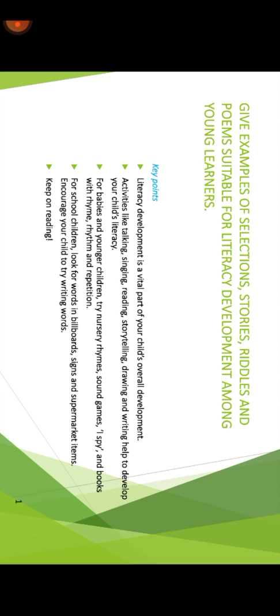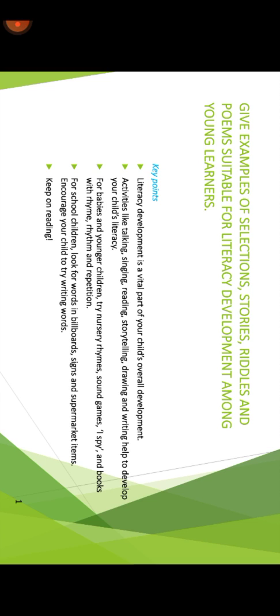Second, activities like talking, singing, reading, storytelling, drawing, and writing help to develop your child's literacy. Not just reading, but storytelling also helps our children in drawing. It also helps to develop our child's literacy development.